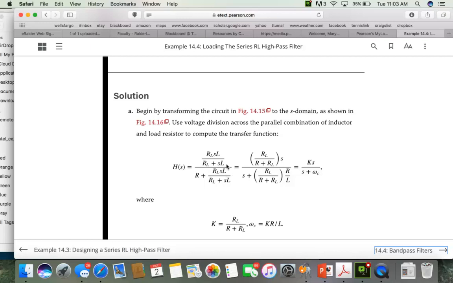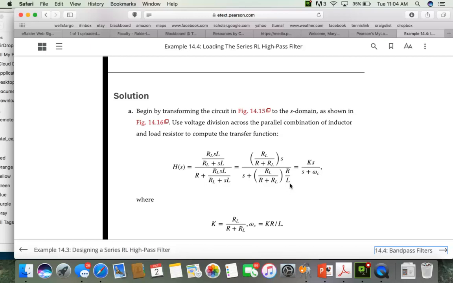Doing some algebra between this expression and this expression, we find that we get the following expression here, which is some number times S over S plus another number. So first thing is, we always know that the behavior of the circuit is dominated by what's in the denominator as far as the location of the cutoff frequency.